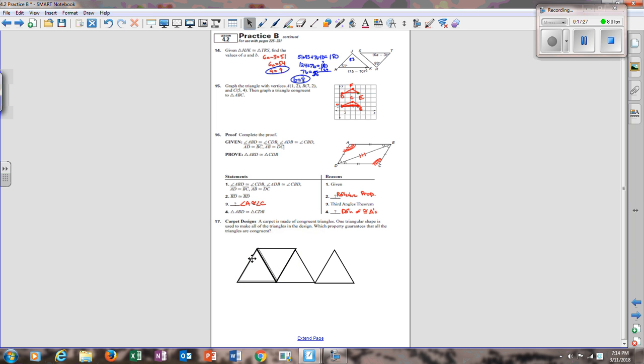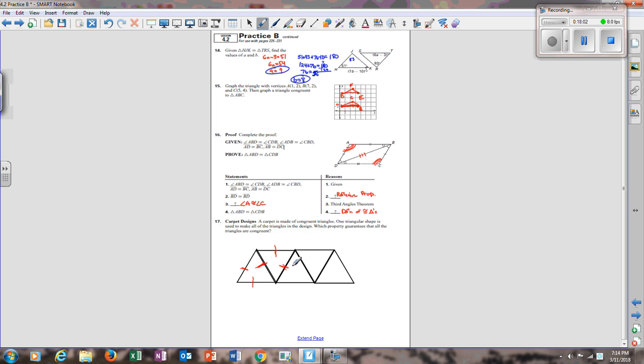But we can make these patterns, right? And it says they're all the same shape, because it's made of congruent triangles. It says what property would work to tell you that they're all congruent to each other. And basically that's saying that this triangle is congruent to this one here.